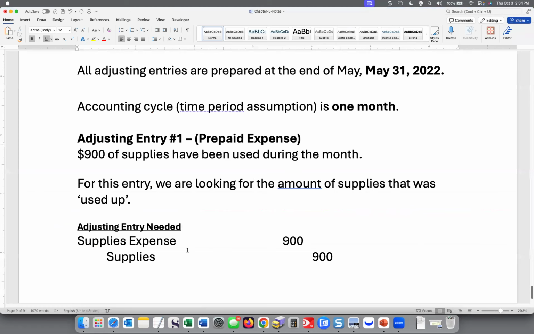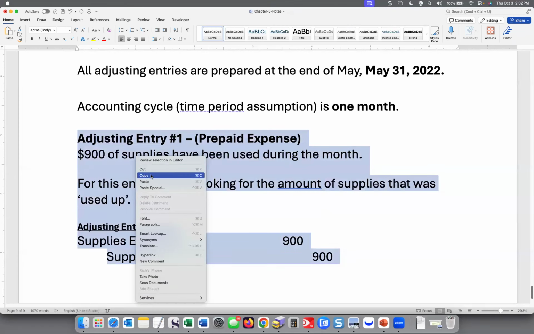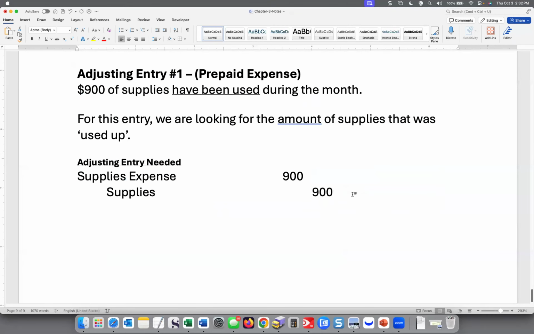Generally speaking, debits are left, credits are right. That's the debit column, that's the credit column. All right, so all the numbers that you calculate are done outside of the journal entry. Once you get the number, then you pull that in to your adjusting entry and prepare the entry, okay? All right, so I'm going to go ahead and copy all this and we'll do the same thing. We'll keep working our way through these.